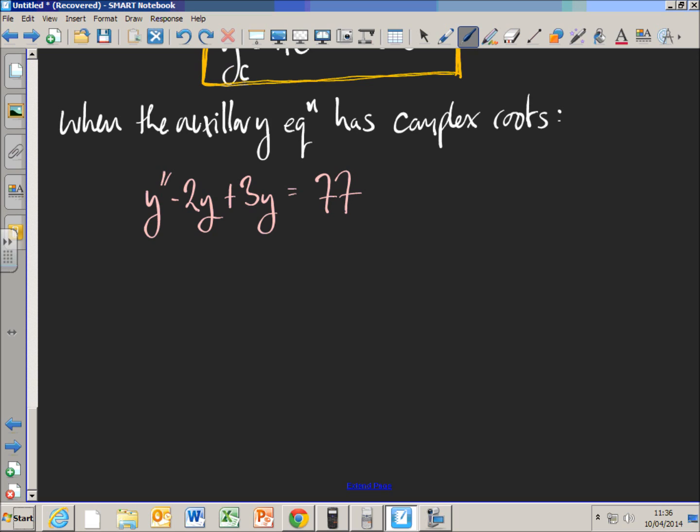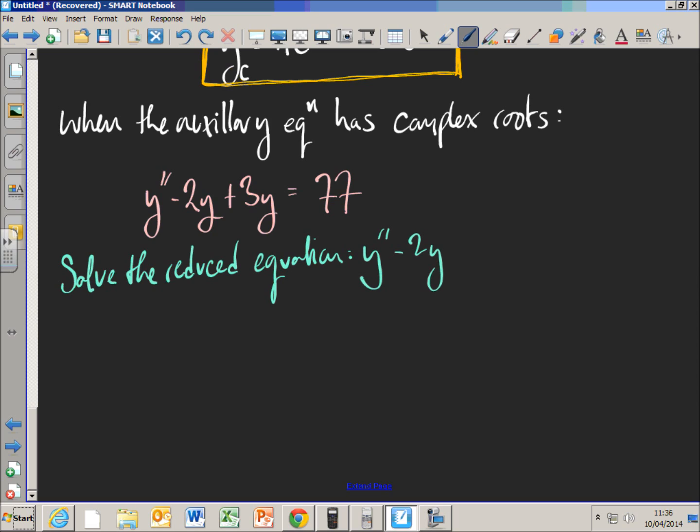Okay. So the first thing we do is we solve the reduced equation. The reduced equation being y double dash minus 2y dash plus 3y is equal to 0. Thanks, John.